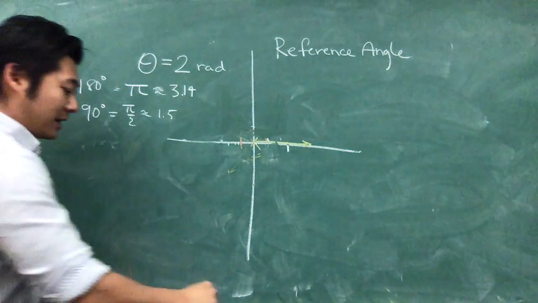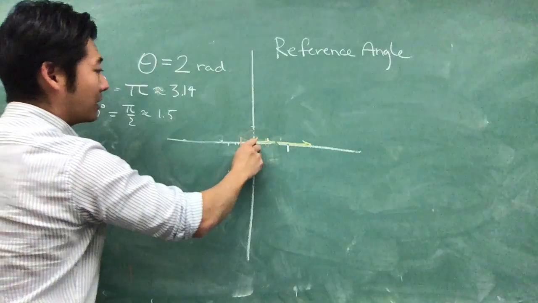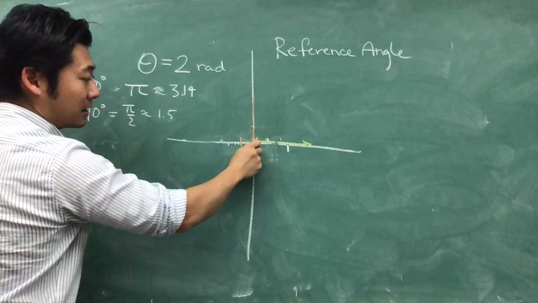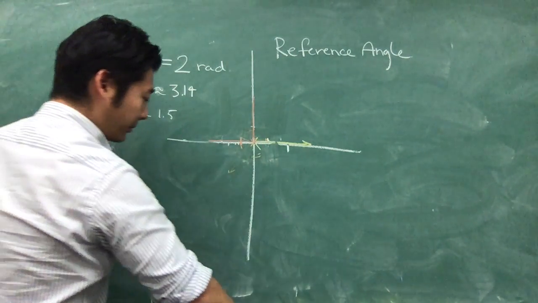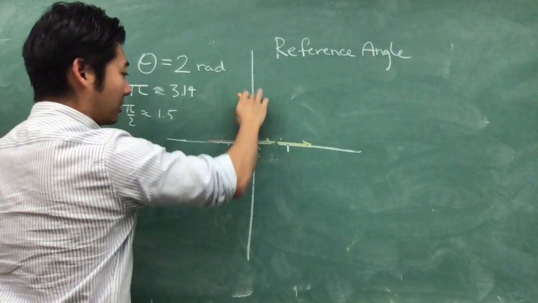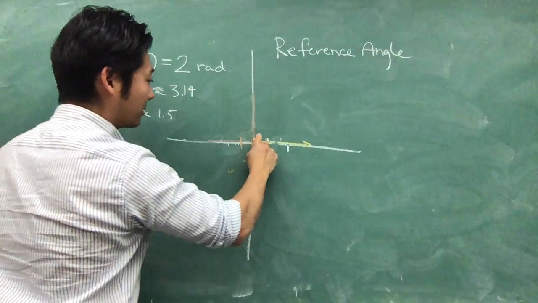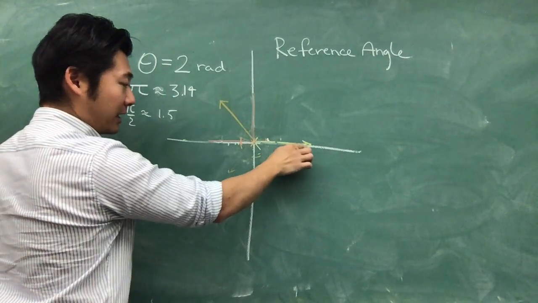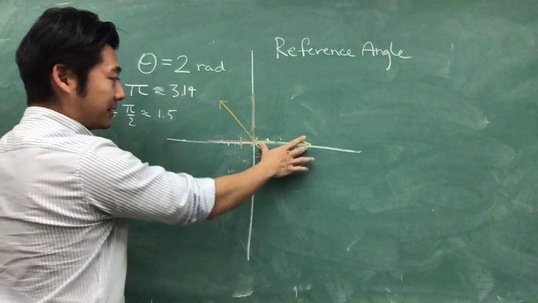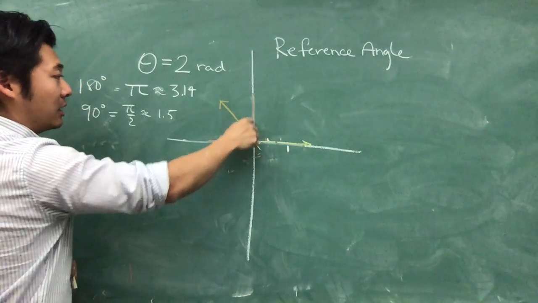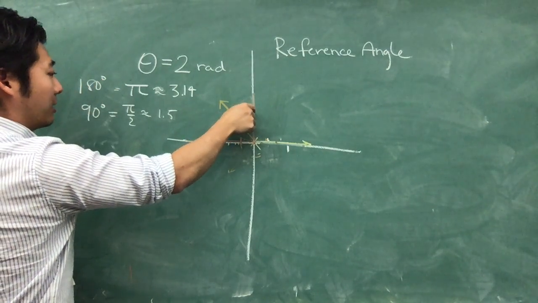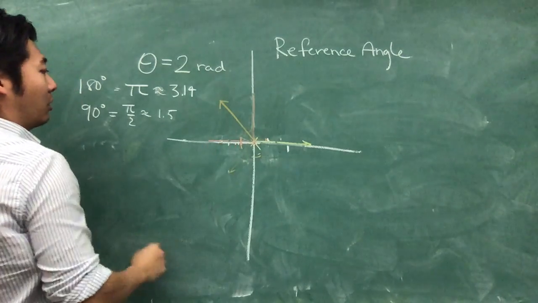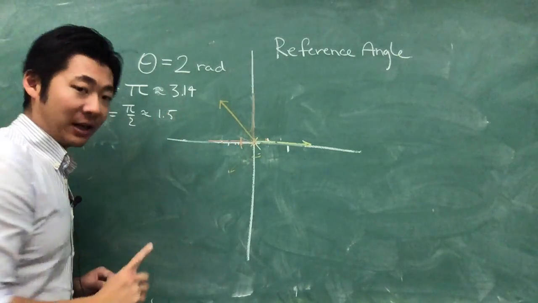So 2 radians must be between 90 degrees and 180 degrees. So the angle corresponding to 2 radians must be over here, where the initial side is on the x-axis and the terminal side will be between 90 and 180, or 1.5 and 3.14 radians.